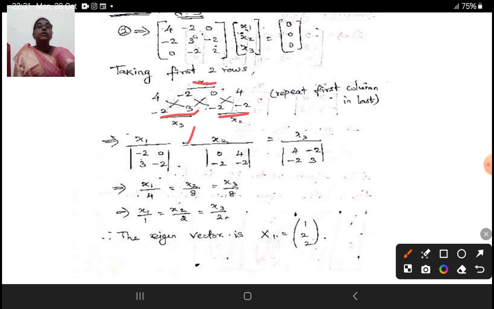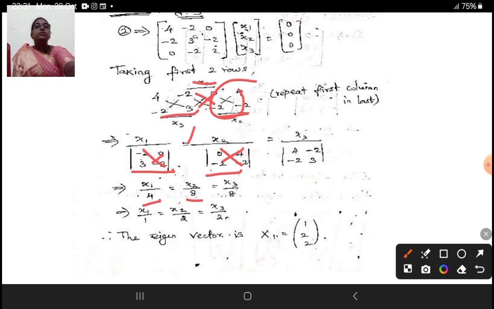So x1 divided by first cross minus second cross. All those values I wrote here, and cross multiplied, first cross minus second cross, I got the answer as 4. Next x2: these 4 values I wrote here, first cross minus second cross, I got the answer as 8.